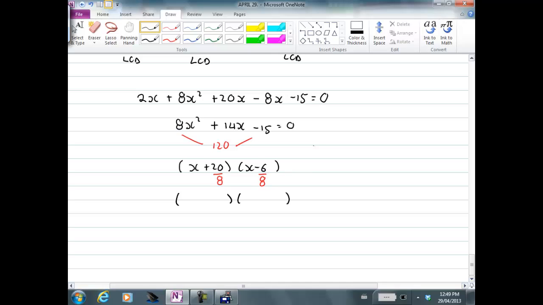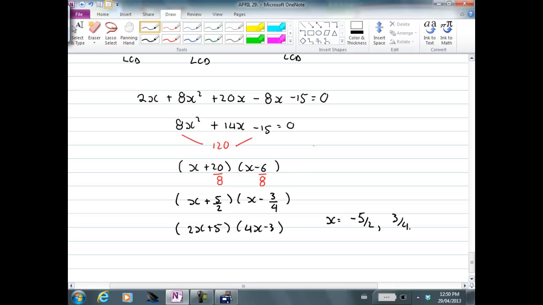So give me 1 second. This becomes 10 over 4, that becomes 5 over 2, and this becomes minus 3 over 4. But now I'm going to move it forward. 2x plus 5, and this is 4x minus 3. So x equals negative 5 over 2 and 3 over 4.